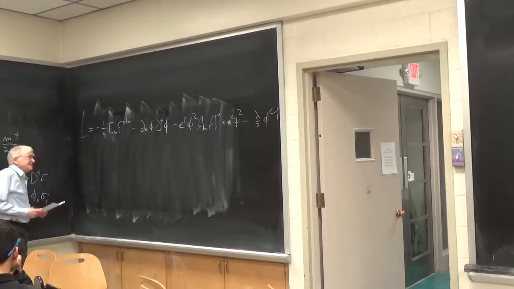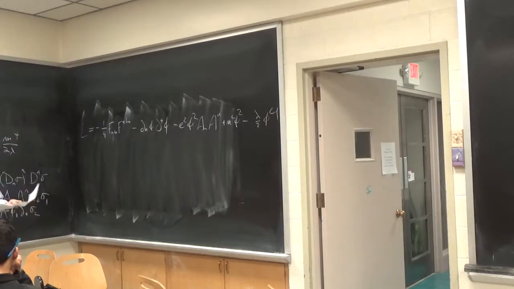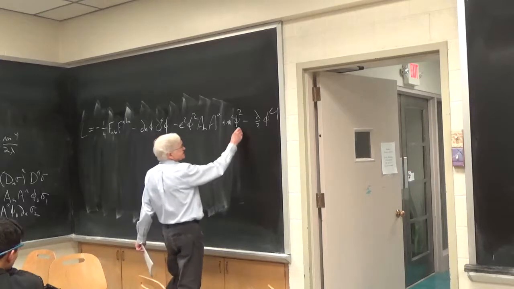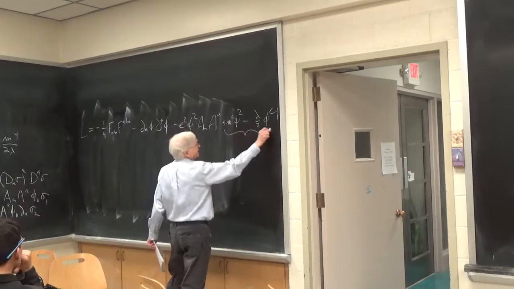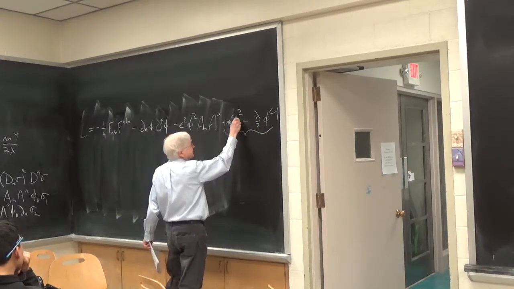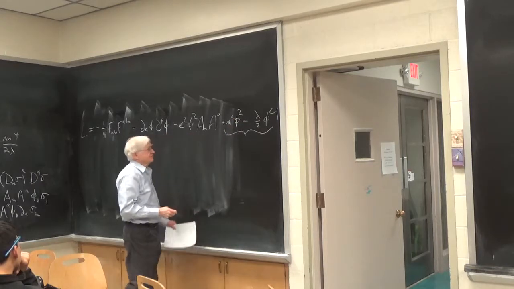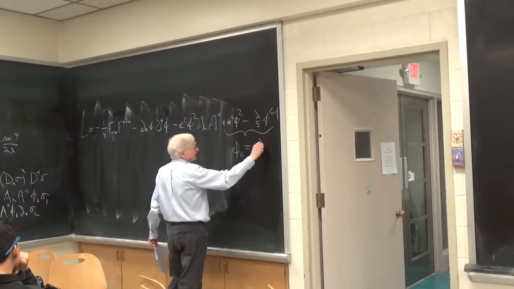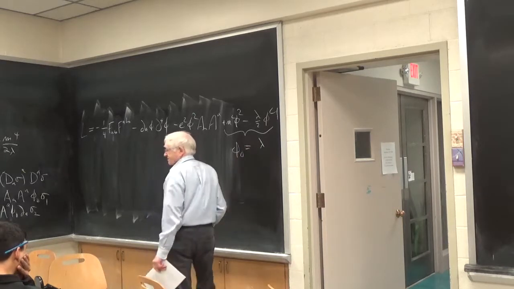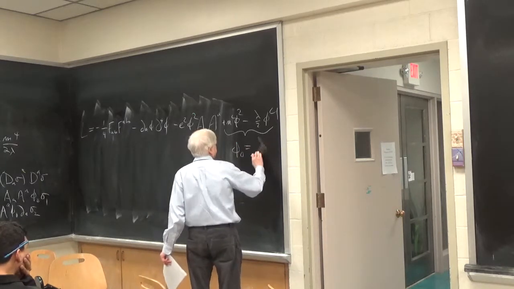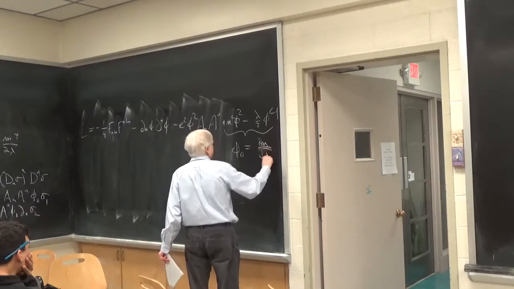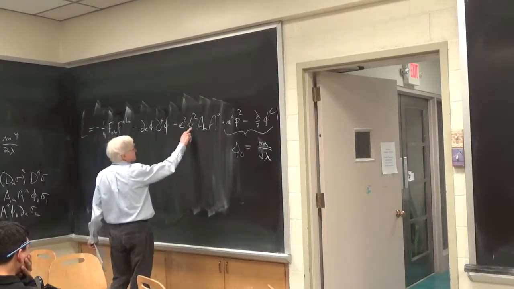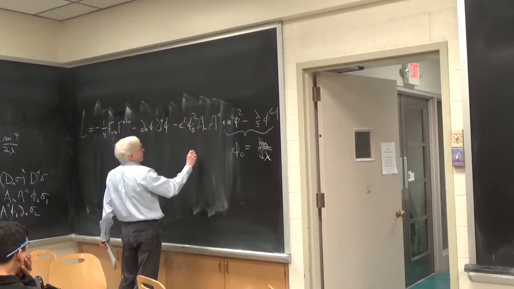Now, this is the simplest kind of theory. One then has spontaneous symmetry breaking of the single real field, and the vacuum then again is m over square root of lambda, and this phi then becomes phi 0.